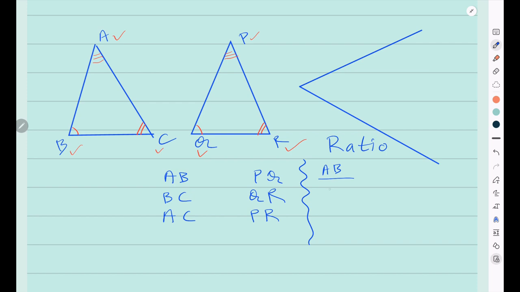Side AB divided by PQ will be equal to side BC divided by QR will be equal to side AC divided by PR. This is also a very important property which you should remember about similar triangles.